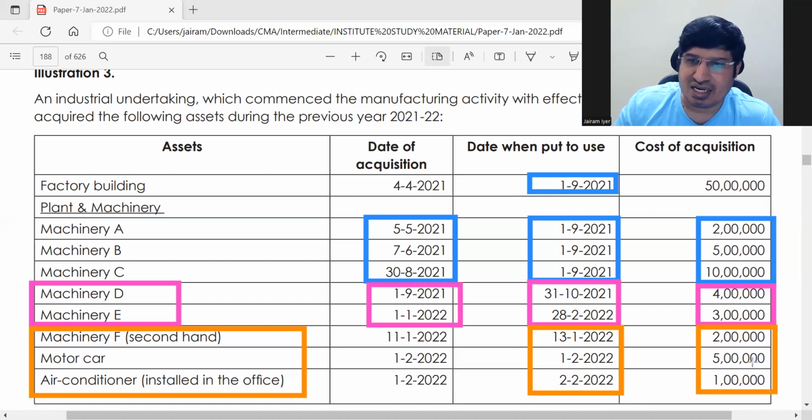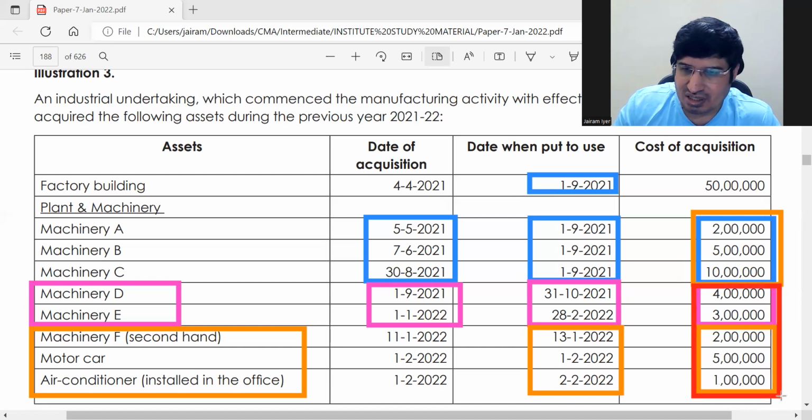Okay, clear. So basically what I'm saying is for this 17 lakhs, you will get 100% depreciation. And now you add up these: 4 plus 3, 7, 8, 9, 10, 15. 15 lakhs.